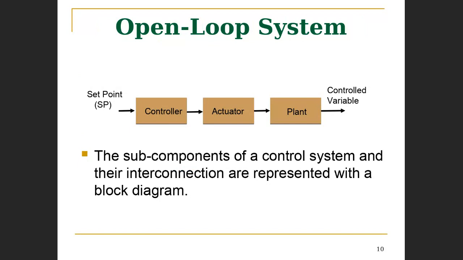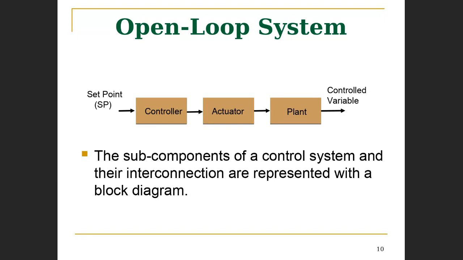Now, to further discuss these two categories, we're going to be using a block diagram to represent the system. And I did say in the opening slide that in a control system, we have what?